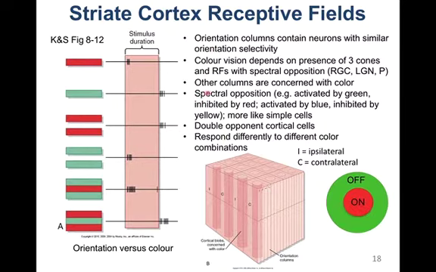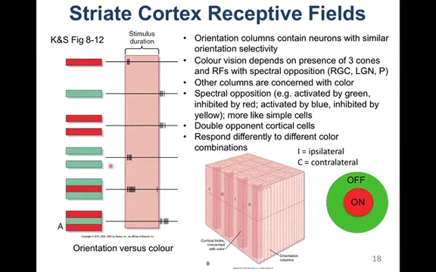And then in the context of orientation columns, there are some orientation columns that are also concerned with color. And similarly to how we added up the receptive fields of the retinal ganglion cells and LGN cells that they project to, to get the more complex orientation selectivities associated with simple cells and complex cells, the same is true here.